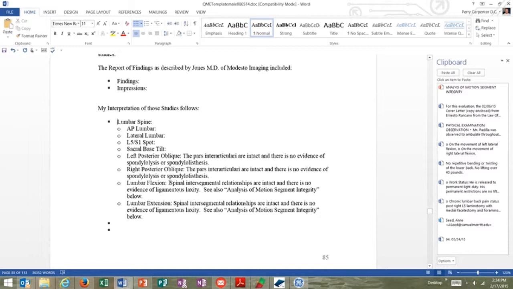So here in my template, I indicate that spinal intersegmental relationships are intact and there's no evidence of ligamentous laxity. Of course, that text would change if there was actually some indication of alteration of motion segment integrity. Okay, so you put in your own findings right here, and make sure you do a beautiful job on reporting your findings.